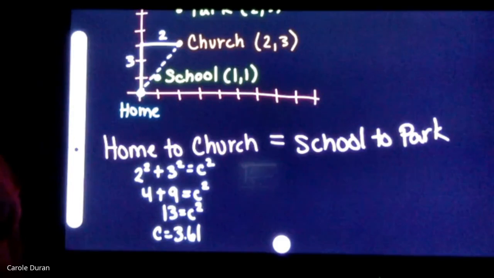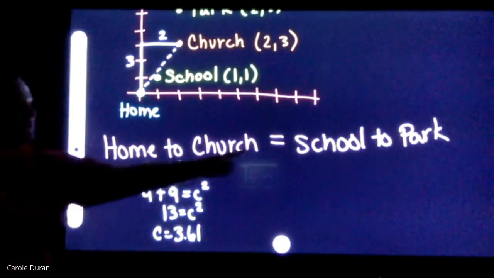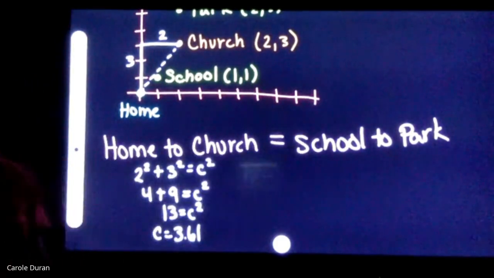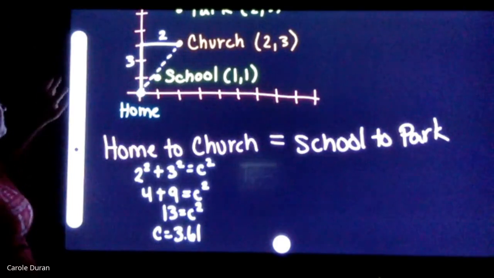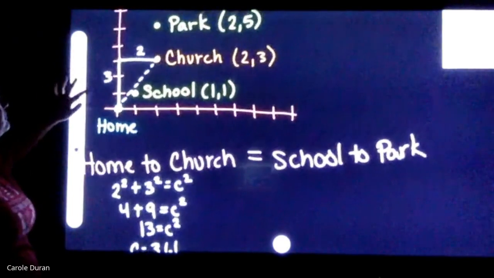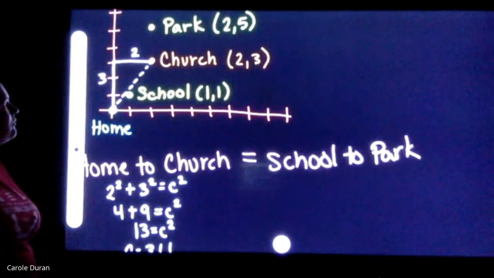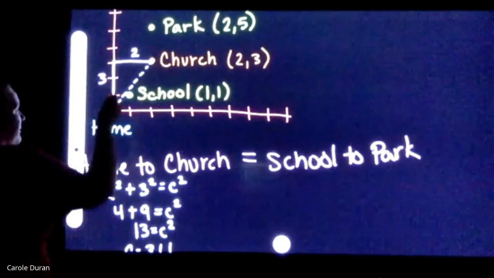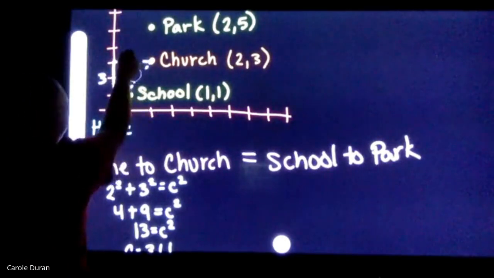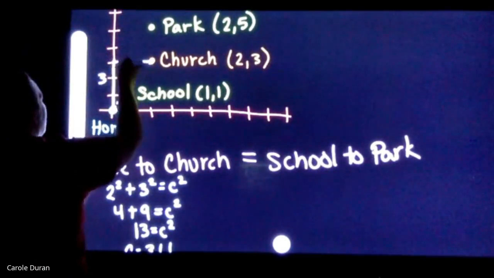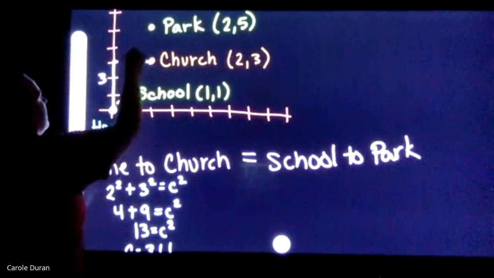I now get to repeat this process going from the school to the park because that's the other distance I'm going to have to calculate. To make it a little bit easier, I'm going to erase what we have here just so it's not in the way, but you are more than welcome to leave it or to draw another grid.